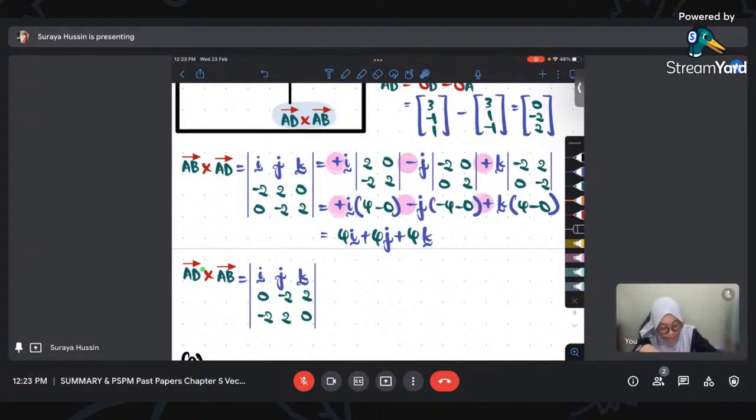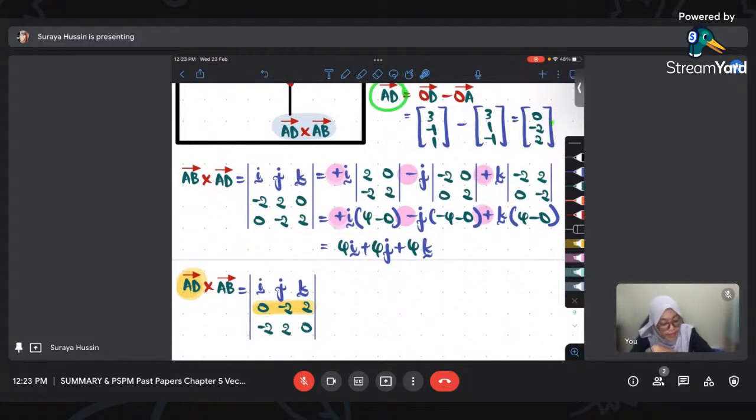So kalau you pilih AD dulu, you kena letak vector AD yang di atas dalam palang ni. Okay, it's simple as ABC. Kalau you letak AB dulu, you kena pilih AB punya vector yang di atas. Okay, jelas ya?